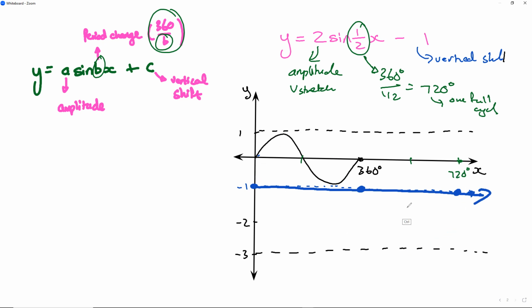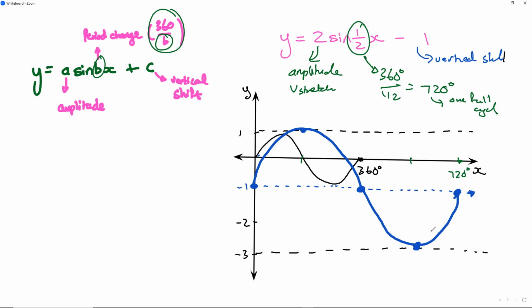The height of this graph is going to be there, which is halfway between these two, which is 180 degrees. Now I'm sketching this, obviously not to scale, but that's how the graph would look. It would come back down, turn back there, and stop there. And this is now that graph.